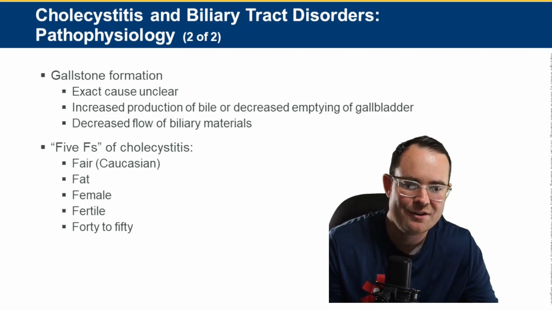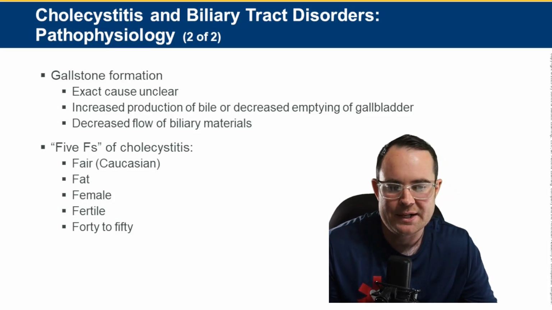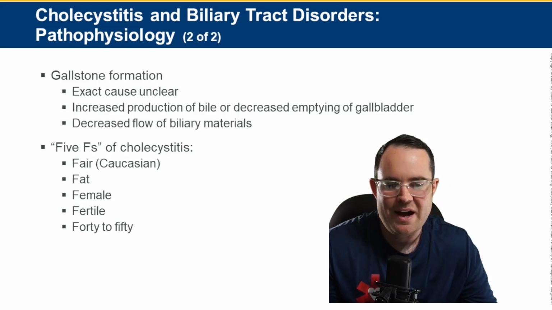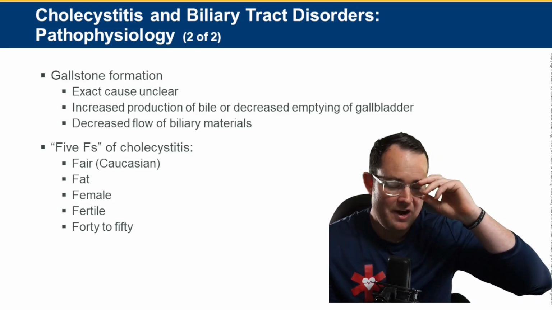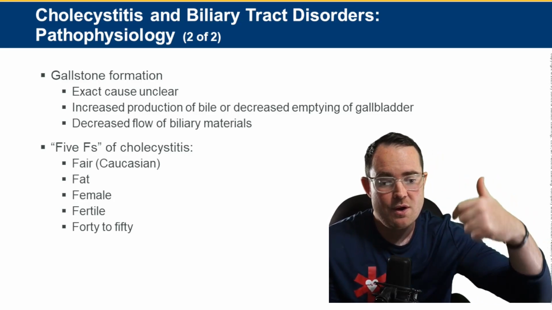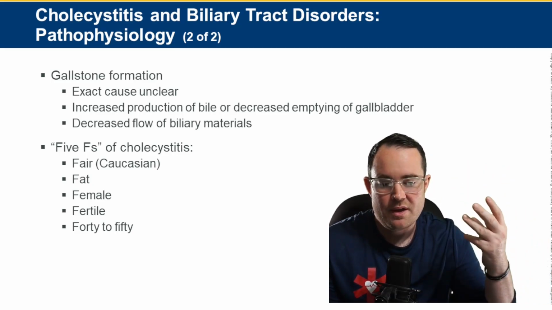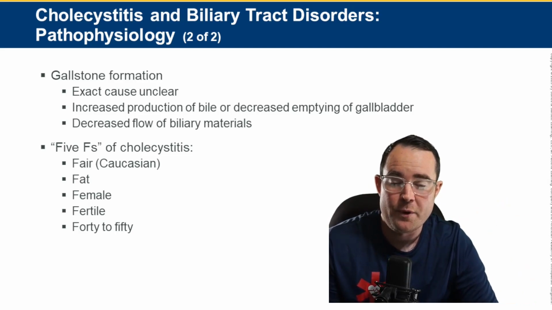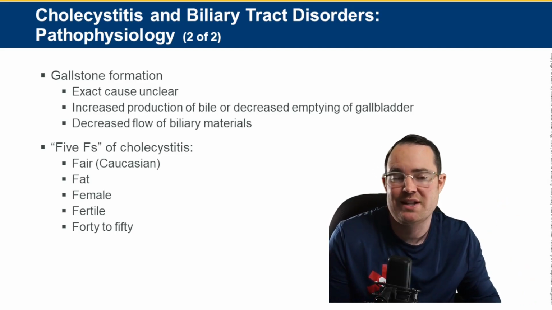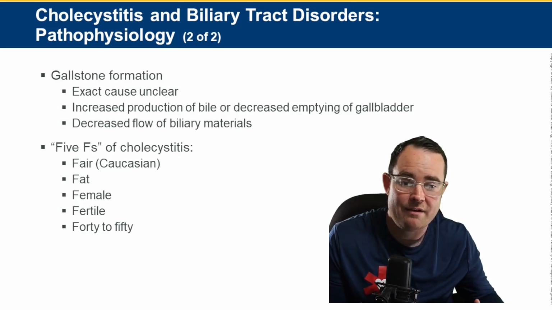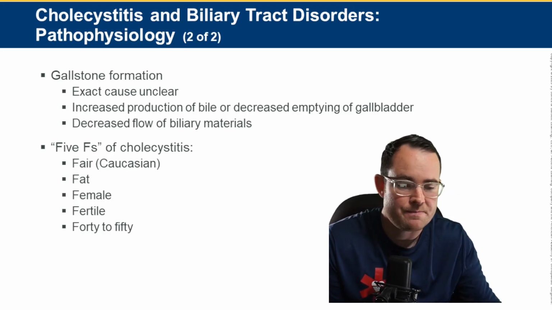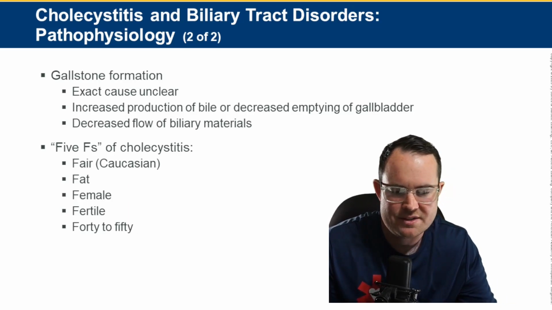Increased production of bile or decreased emptying of the gallbladder. Look at these 5 Fs. I thought that was interesting. Fair, so it's talking about Caucasian, overweight, fat or obesity, women between the ages of 40 to 50. These are the people most likely to have gallstone formation. Pretty interesting. I never knew that until reading this chapter.